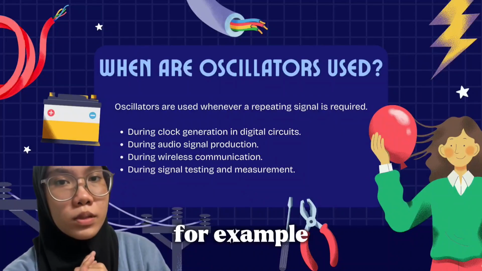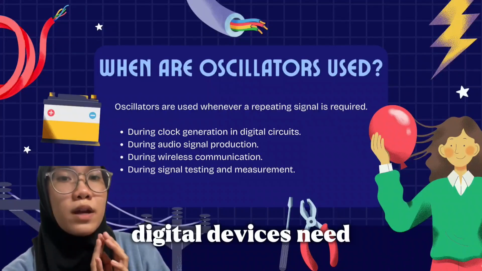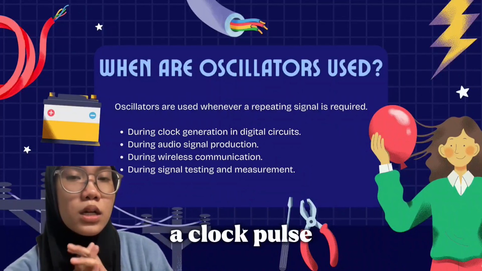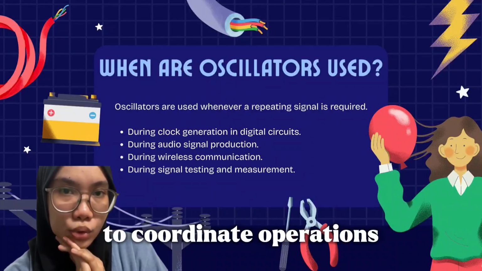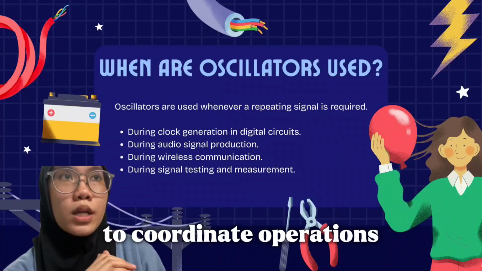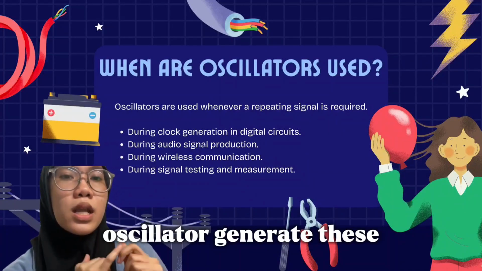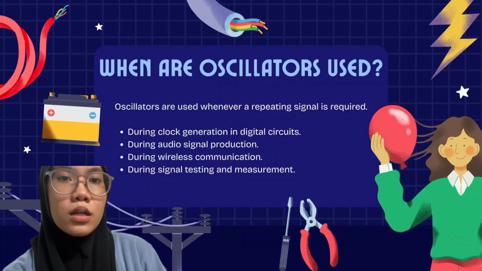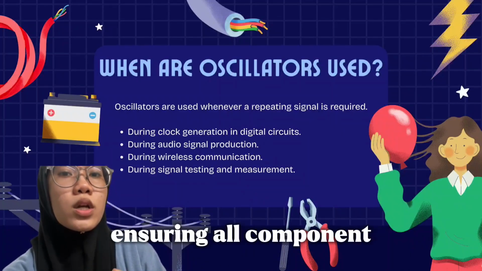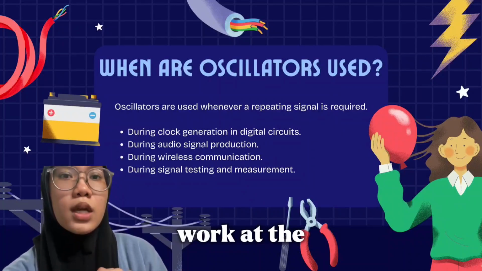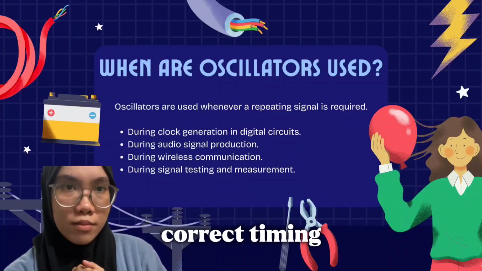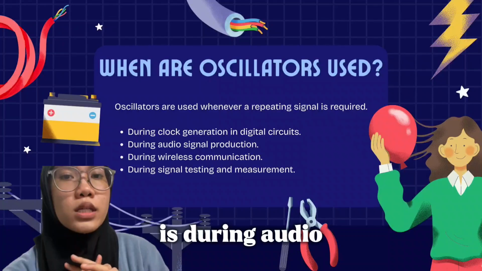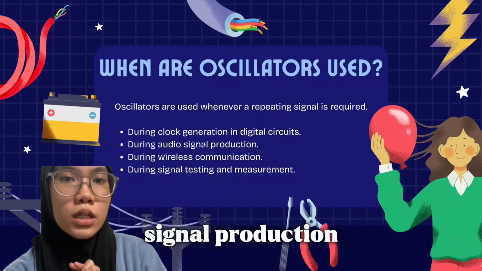For example, digital devices need a clock pulse to coordinate operations. Oscillators generate these clock pulses, ensuring all components work at the correct timing. The third one is during audio signal production.